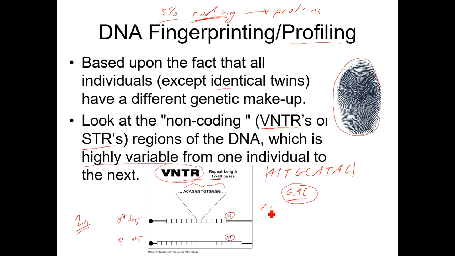So if we were to take a look at my cells, my chromosome number 5, maybe on one of mine, I have 7 repeats, and on another one, maybe I have 18 repeats. So even by taking a look at just one of these STRs or VNTRs, we might be able to see that there's a difference between individuals because this is a highly variable region of the DNA.